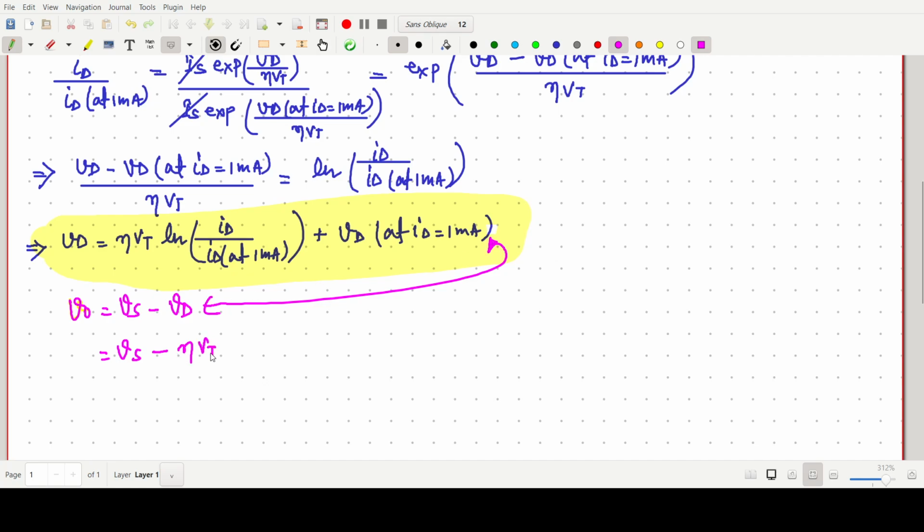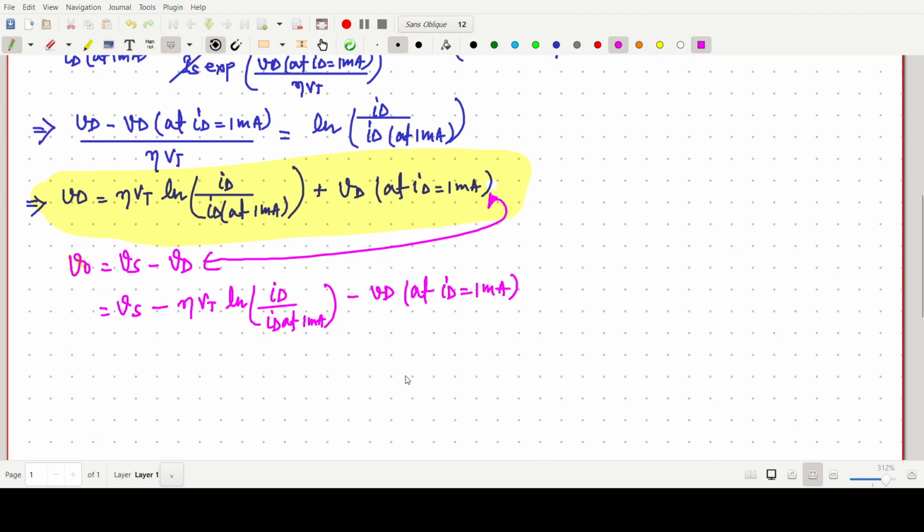So eta Vt ln Id by Id at 1 milliampere, and one more line, minus Vd at Id equals 1 milliampere. I'm just putting everything like this.